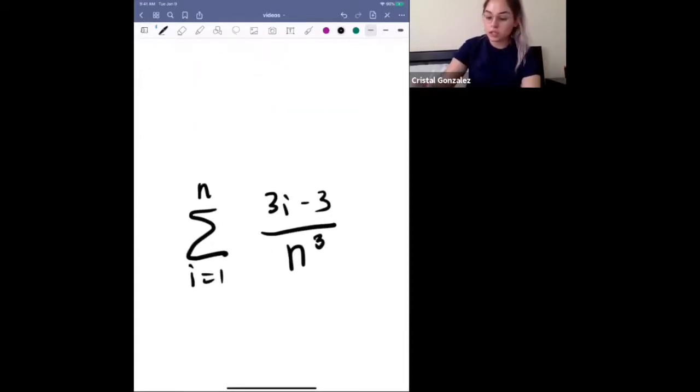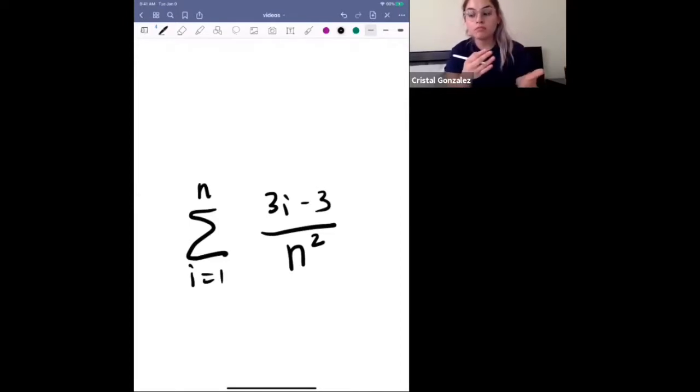Actually, let's change this to n squared. So what we're iterating through is i, not n. So be careful here, because n doesn't seem like something that you can actually factor out, but you can, because let's think about this.